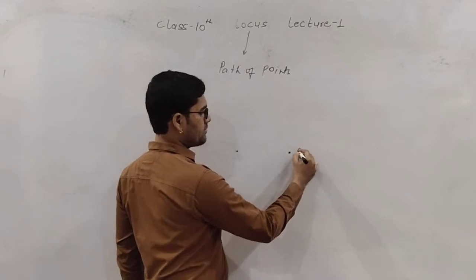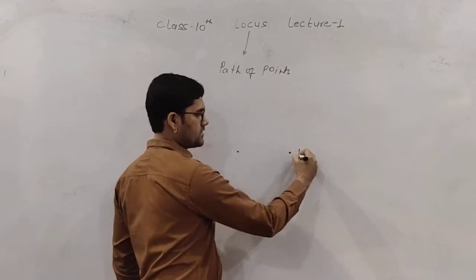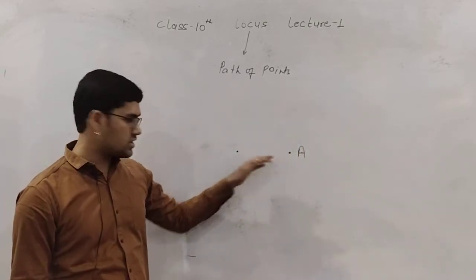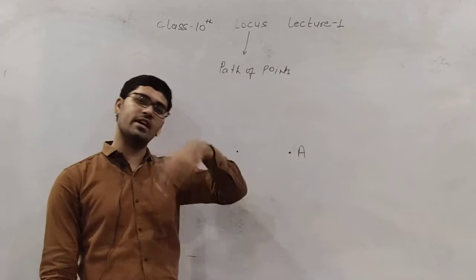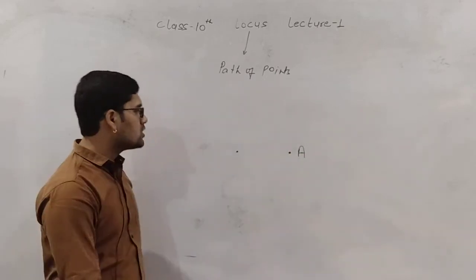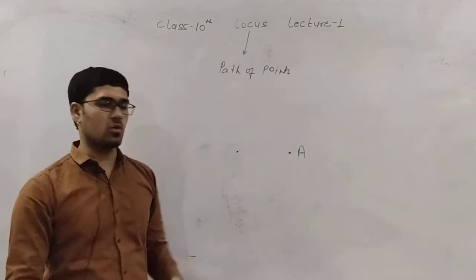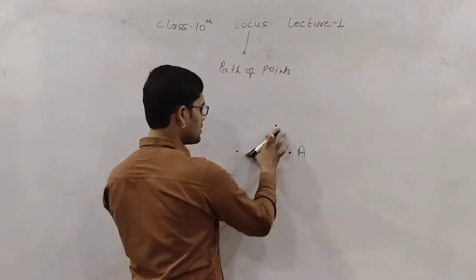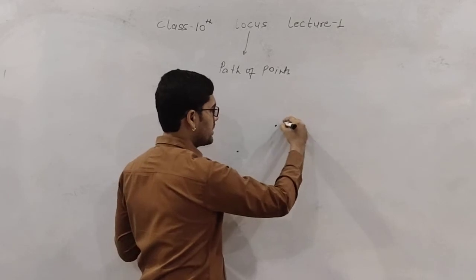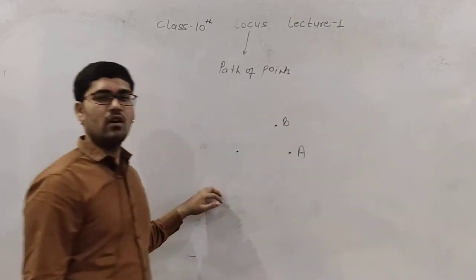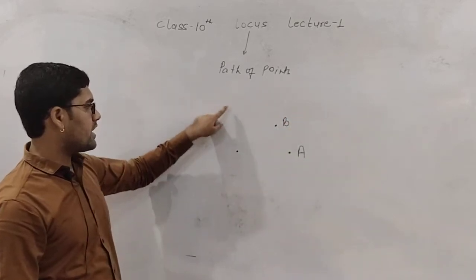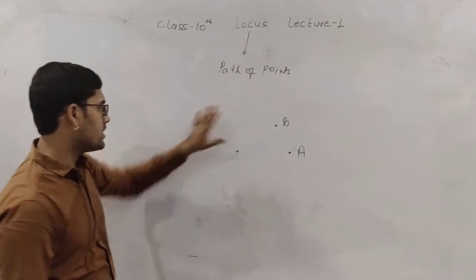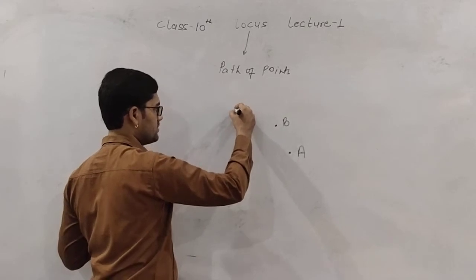I have given it the name A. Now, it is not certain that the locus is always in this direction. It may be in any direction. So I can obtain another point at this distance, also 3 centimeter. Give it the name B. Another point I can obtain 3 centimeter away on the upside.